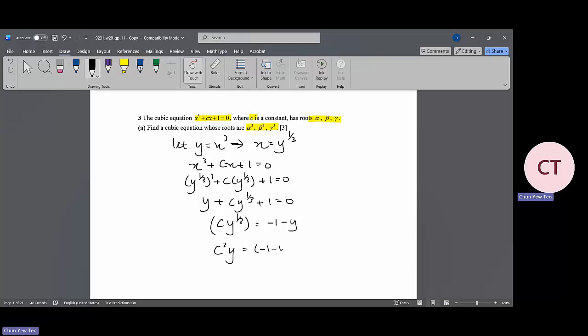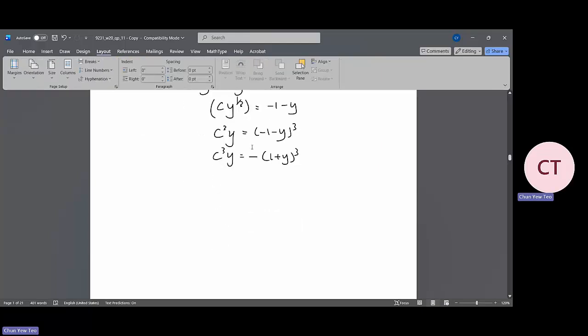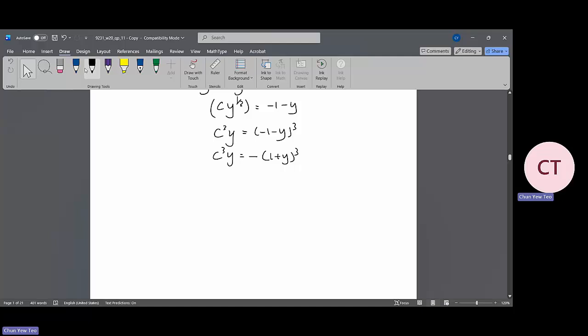-1 minus y cube. So the c cube y, if you expand the right hand side, is actually negative (y plus 1) cube. Okay, and if you use the binomial expansion, then you will get this as negative y cube plus 3y squared plus 3y plus 1.